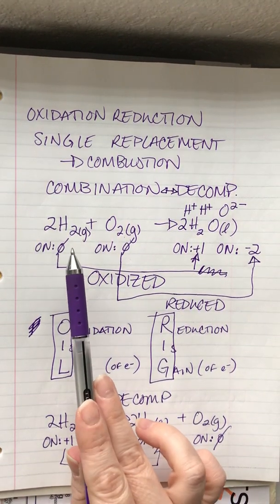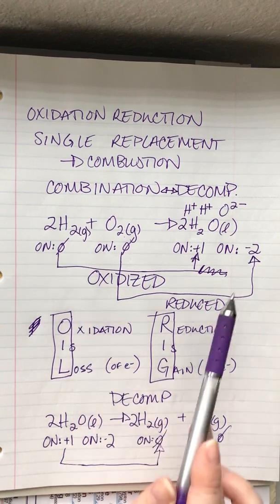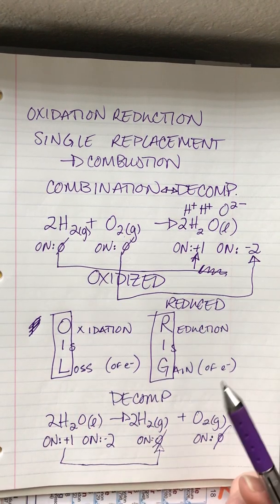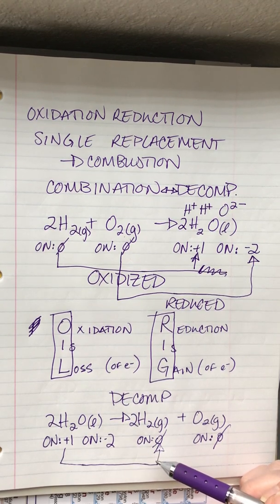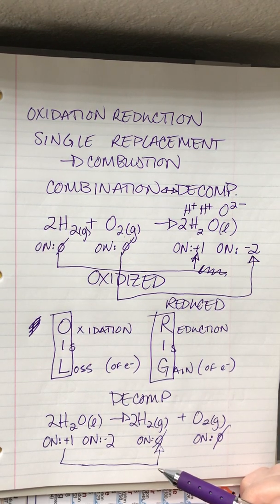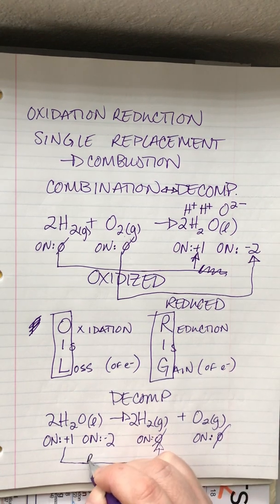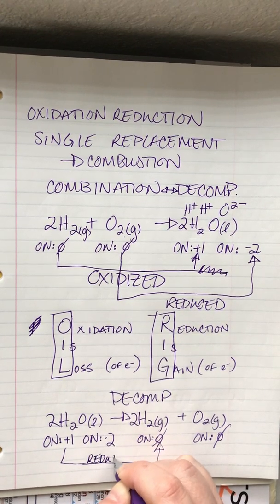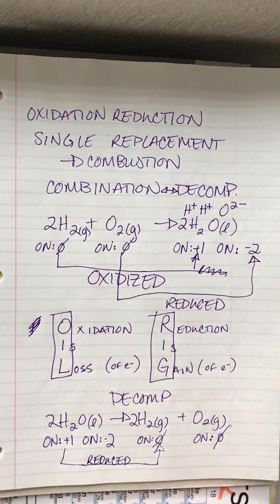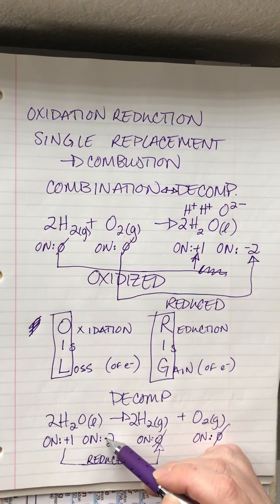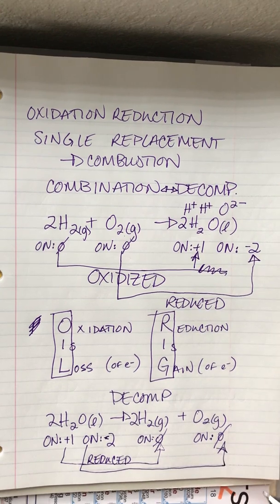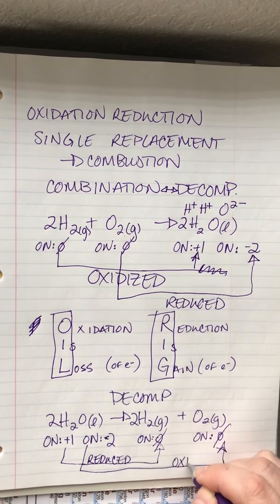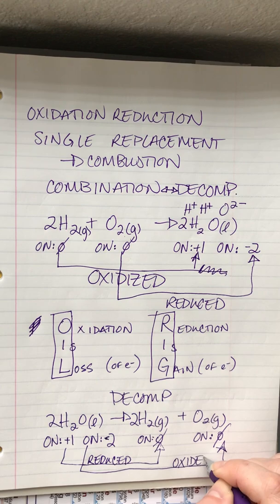Here we started at 0, so it was pretty easy to see what direction we were going. But going from +1 to 0, we're gaining electrons, so we are reduced. A reduction. And for oxygen, going from -2 to 0, it lost electrons, so it was oxidized.